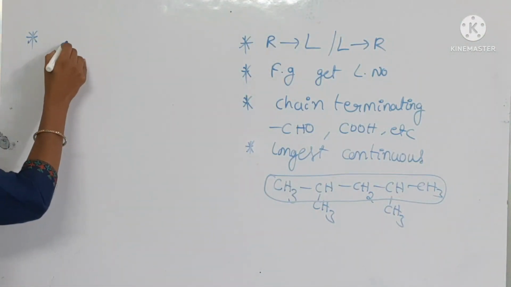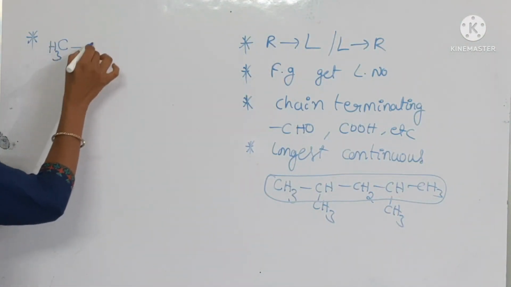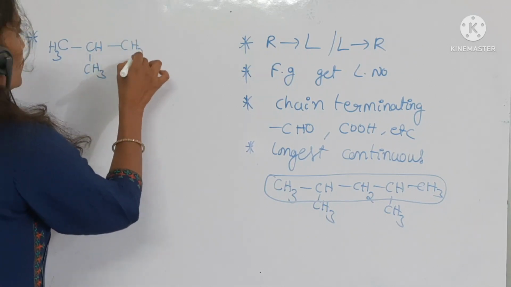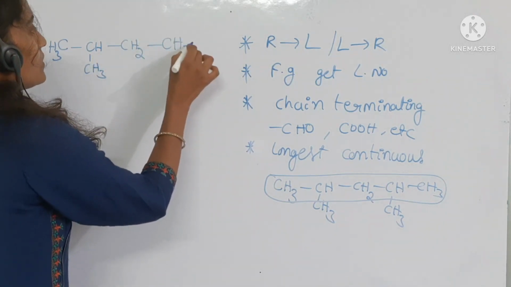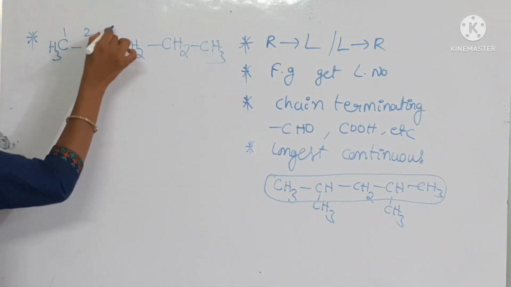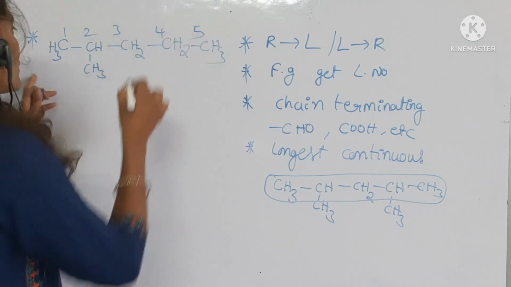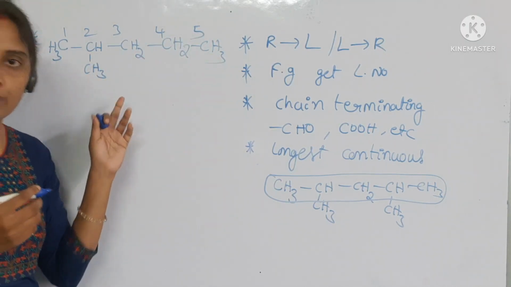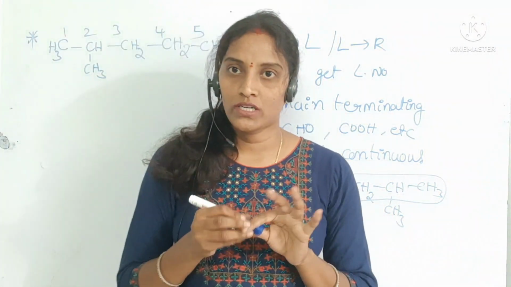You can see one example: CH3, CH, CH3, CH2, CH3, CH2, CH3, students. See, 1, 2, 3, 4, 5. From left to right, if I give numbering, then the substituted carbon gets number 2, that is the lowest.